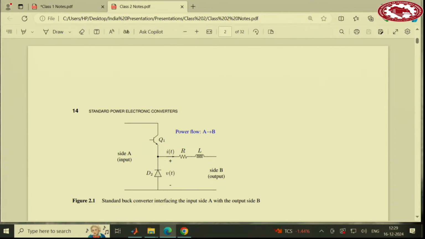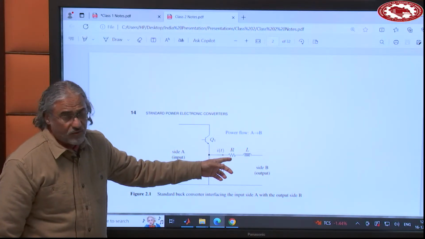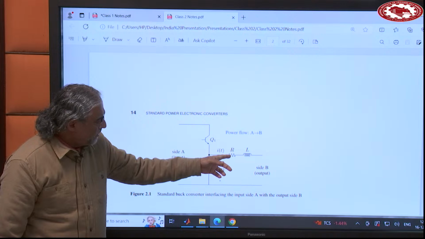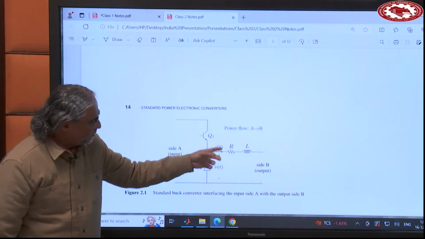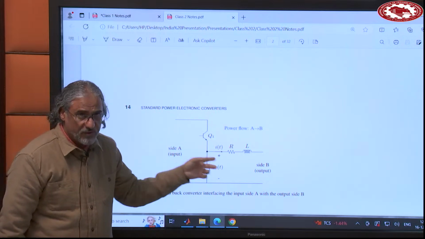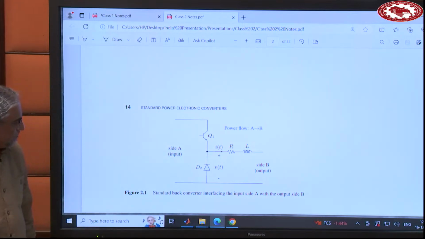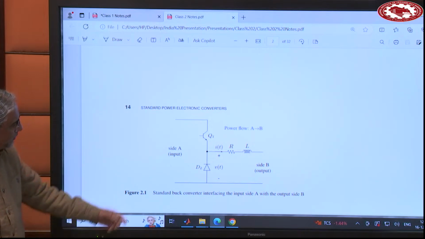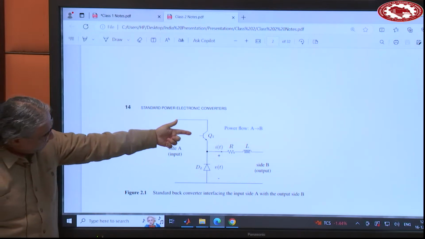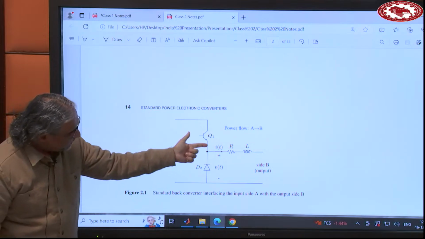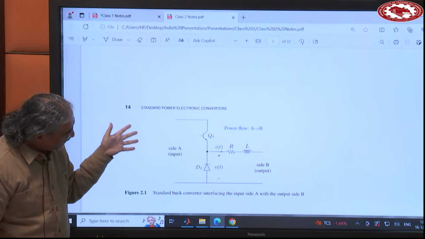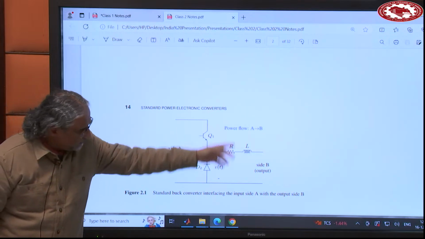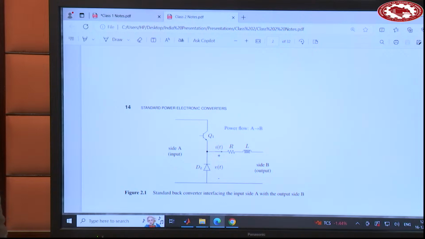That resistor is not a physical resistor, it's basically a model of the resistances you have in the circuit, in the inductor, in the conducting mode of the switch, or in the cables. Looking at this switch, the power can flow in this direction. It cannot go back. So the power flow is from side A to side B, right?